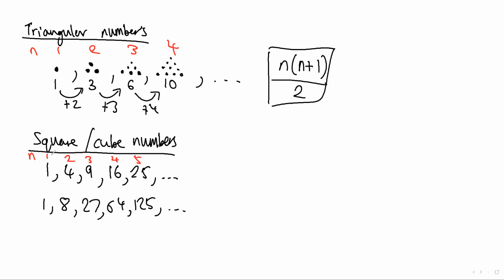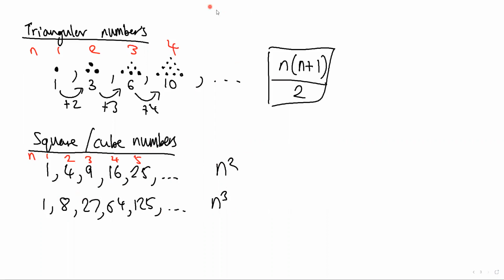The nth term for square numbers is n squared, and the nth term for cube numbers is n cubed. Because again, if you put in a value of 3, let's say, into the square numbers, you're going to get 3 squared, which is 9. And if you put it into the cube numbers, you're going to get 3 cubed, which is 27.